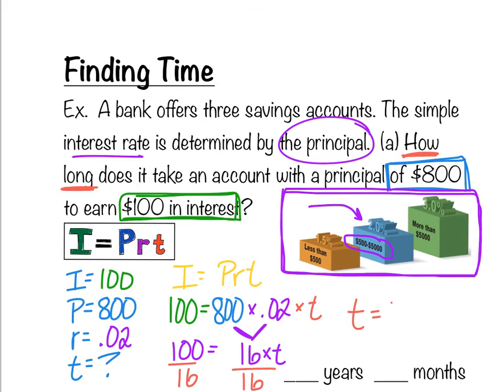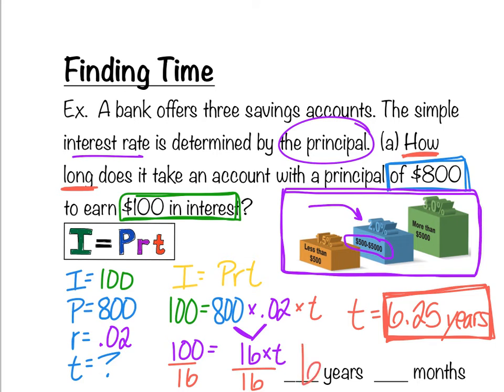So 6.25 years is how I would label that, and that is our answer. But because I want you guys to be smart about this, let's think about what 6.25 years would be. We know that's 6 years, and then 0.25 is 1/4. So if there are 12 months in a year, 1/4 of them, if you divide 12 by 4, is 3.